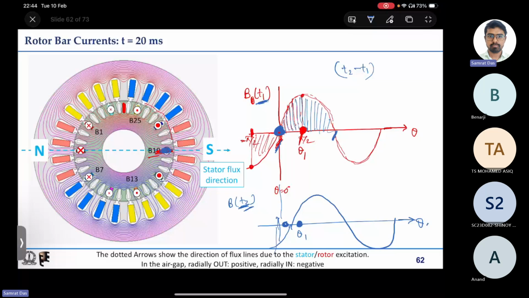Then integrate from theta 1 minus pi by 2 to theta 1 plus pi by 2 to get the new flux linkage of the same bar in the next instant. And the same thing you have to do for all the conductors, and that will give you the current. Now I think you have got it. Yes, sir. Okay. Thank you.